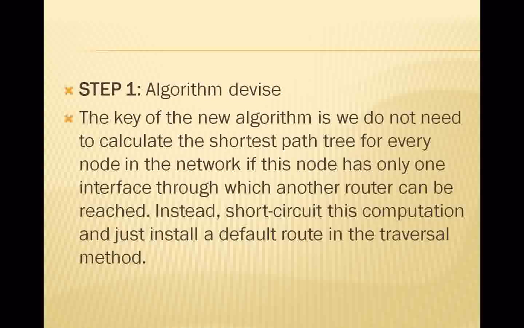Instead, we short-circuit this computation and just install a default route in the traversal method. This is very important because, as we know, in the basic Dijkstra algorithm we need to calculate the distance of every node at every iteration. So with this new algorithm, much calculation time can be saved.